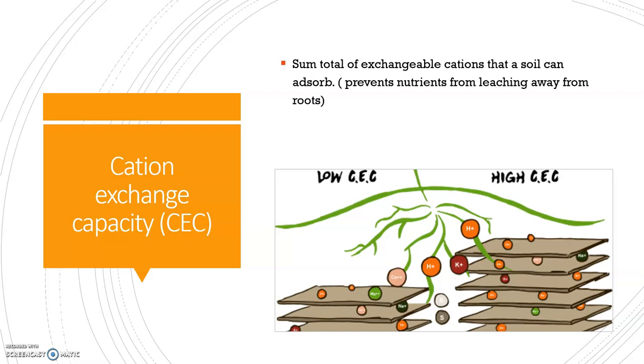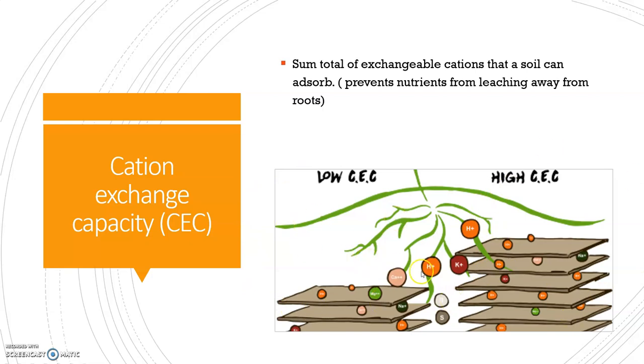What does low CEC mean? That means it contains low colloid layers. Okay, before we touch on all those things, can we see low CEC, high CEC? What do you understand by this picture?